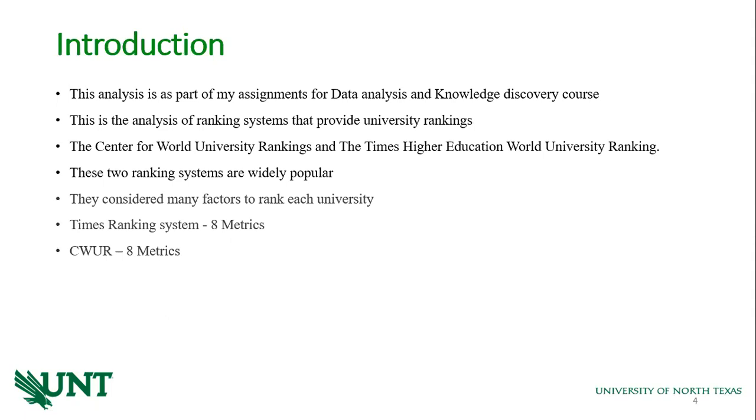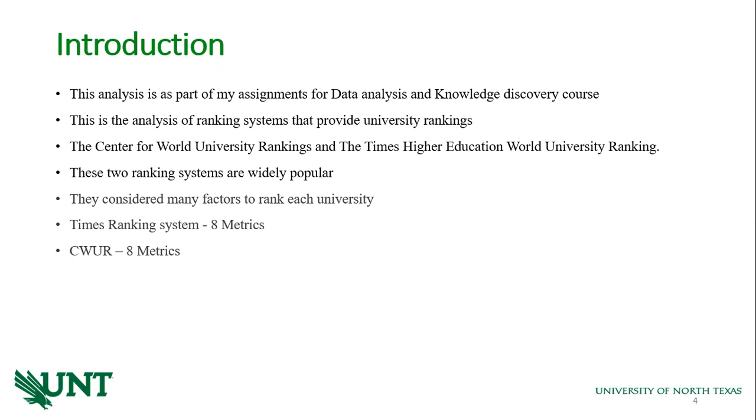As I mentioned earlier, this analysis is part of my assignment for the data analysis and knowledge discovery course. In this analysis, I'm going to analyze the ranking systems that provide university rankings: the Center for World University Rankings and the Times Higher Education World University Rankings.